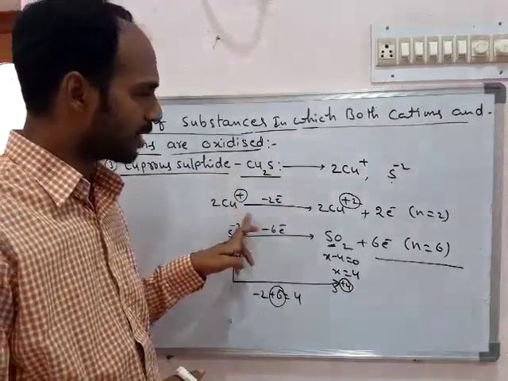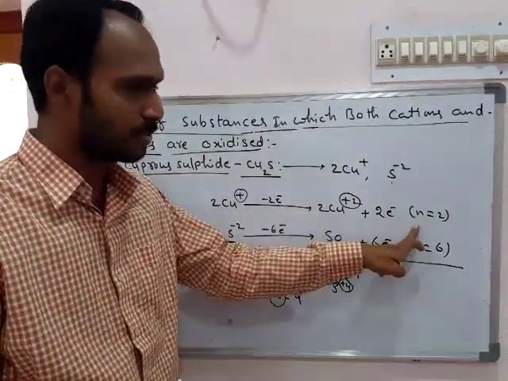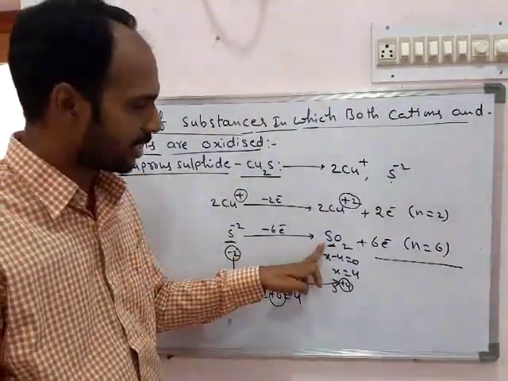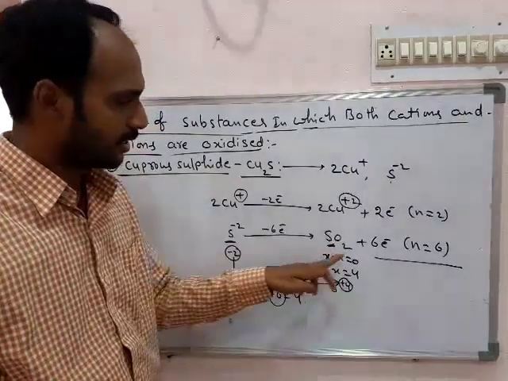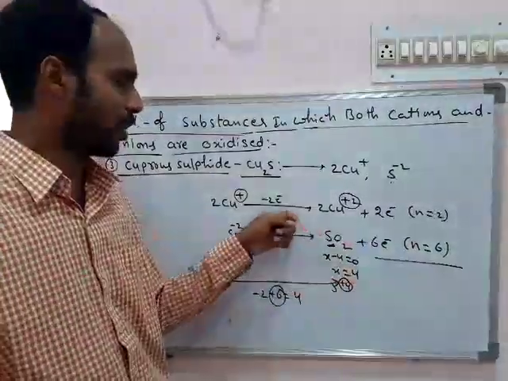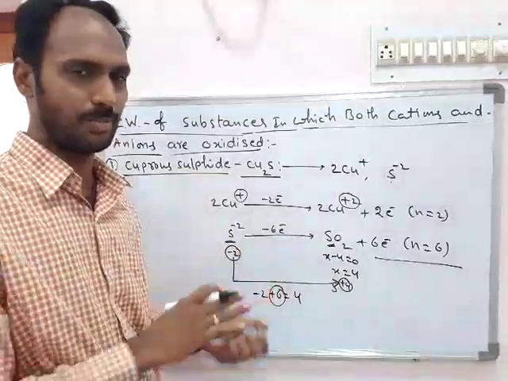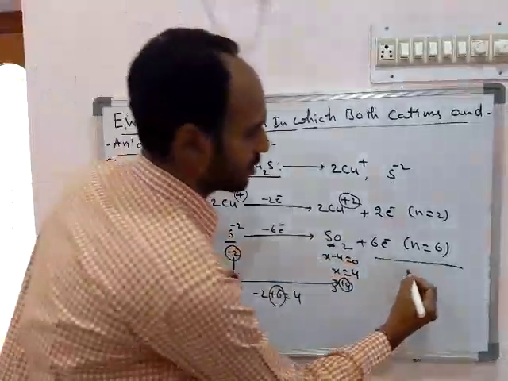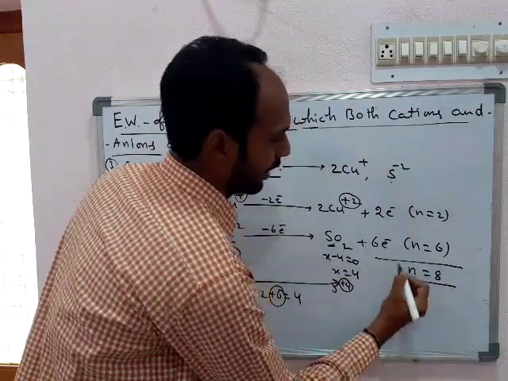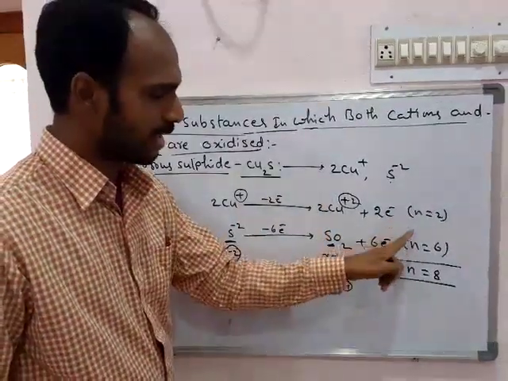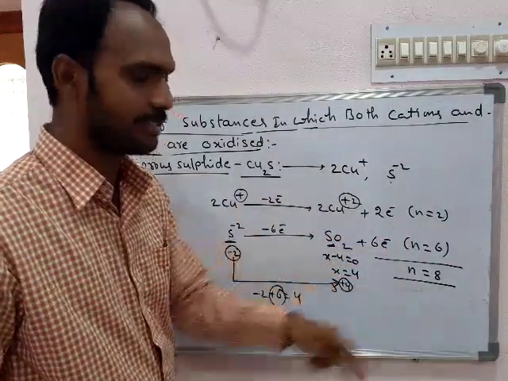The 2 cuprous ions become 2 cupric ions, losing 2 electrons, n factor 2. The sulfide ion is oxidized to sulfur dioxide, losing 6 electrons, n factor 6. Here both cation and anion undergo oxidation, both ions lose their electrons, and the total n factor becomes 8. For the 2 oxidizing reactions, the total n factor combined is 8.